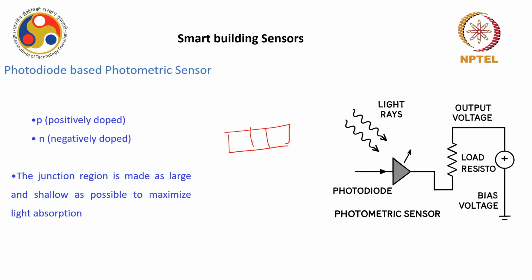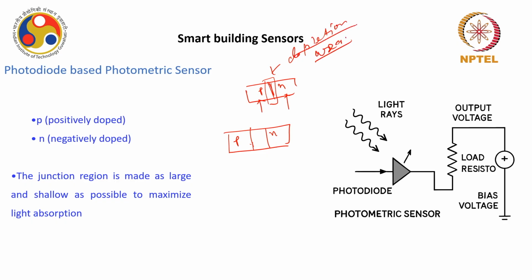So in a simple PN junction you have a P type semiconductor and an N type semiconductor forming a metallurgical junction, right. For this kind of application, usually we require this particular area, we call it a depletion layer or depletion area.